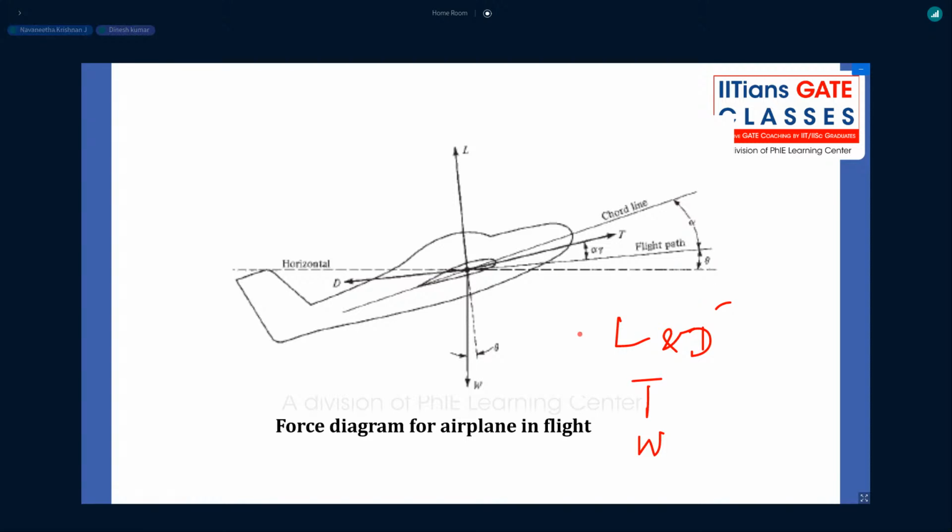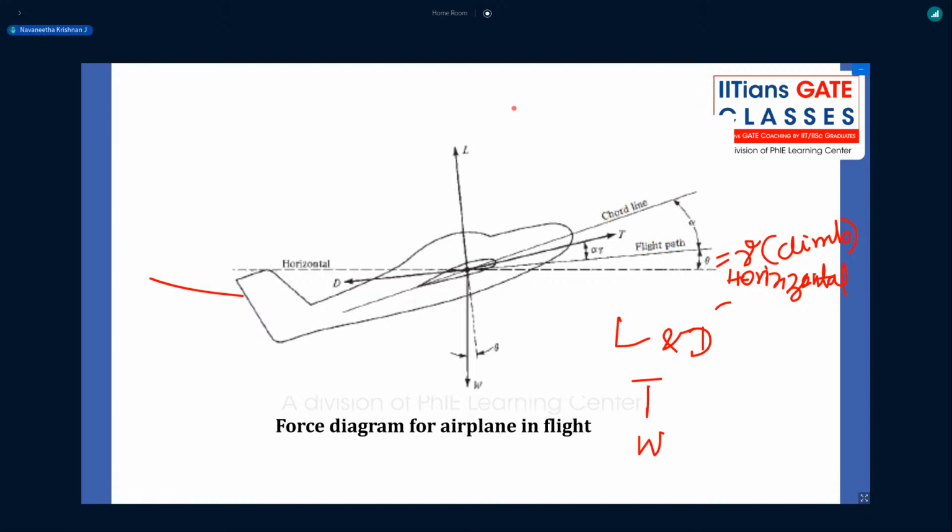If you see this force diagram, this is the flight path direction. The angle between the horizontal axis and the flight path is the angle theta, which in most textbooks is referred to as gamma, the climb angle. Then the angle between the flight path and the chord line.